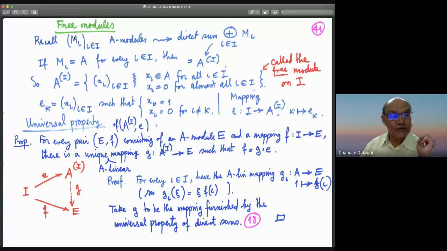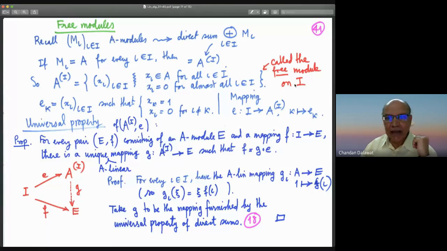When each of these modules is the same as the ring A itself, then the direct sum is called A to the power I, but with the I within brackets. So it's not all mappings from I to A, it's all mappings with finite support. And this is called the free A module on the set I.